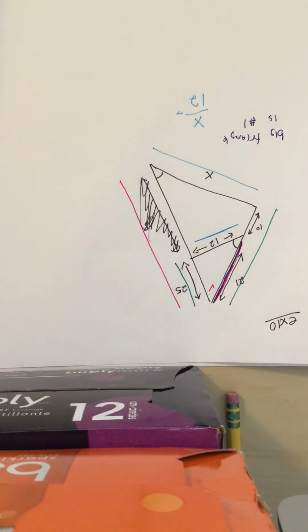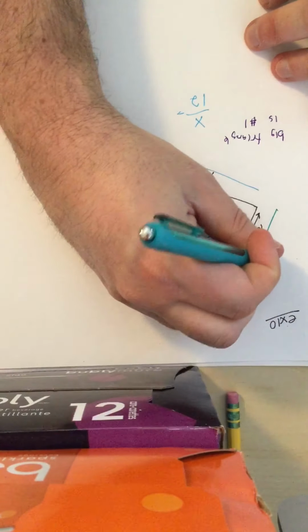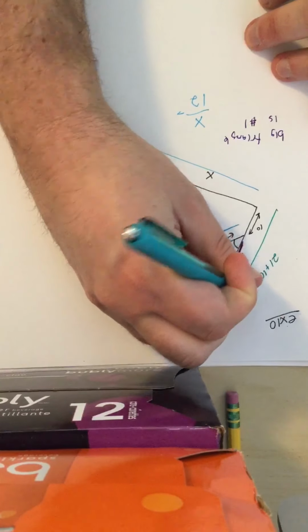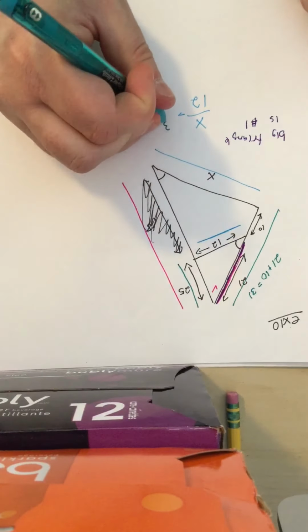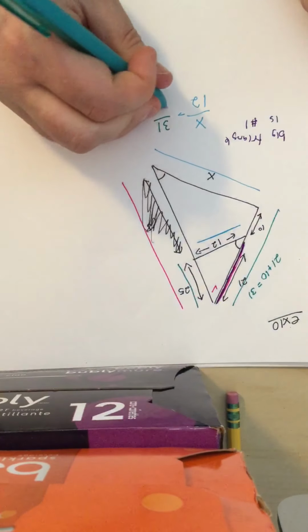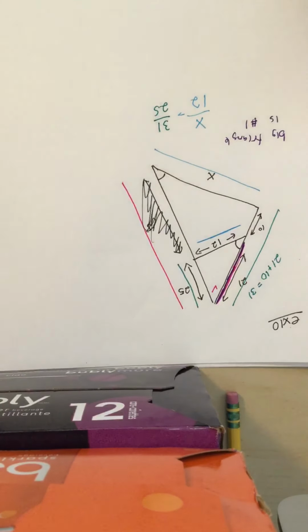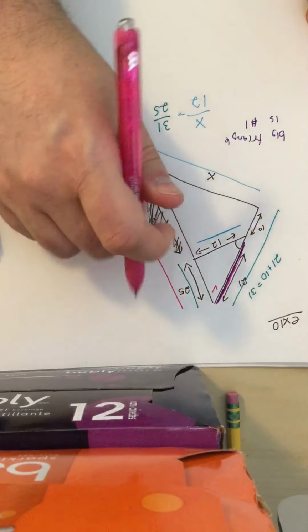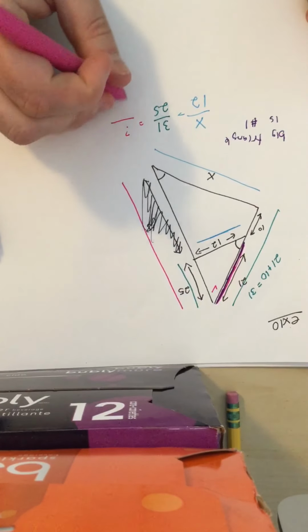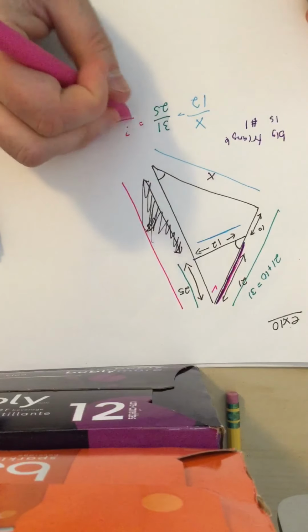And how long is this side? The big green is actually going to be 21 plus 10, which is 31. So big green is going to be 31 over small green, which is 25. And then big pink, we don't know because I got rid of that. We don't know how long that is. And small pink is 21, but we don't care about that.